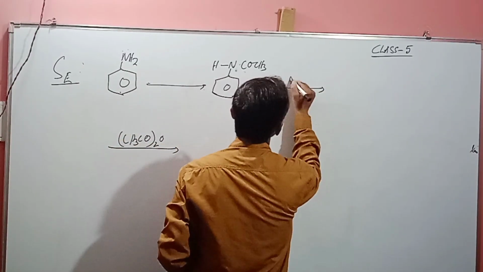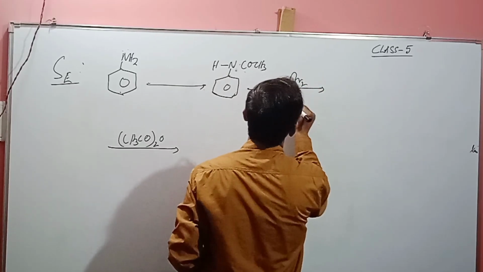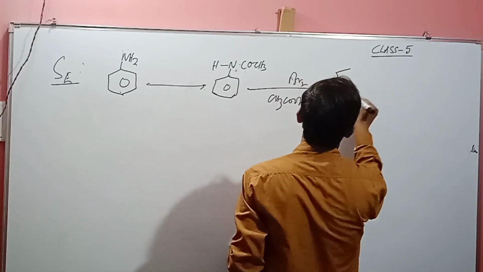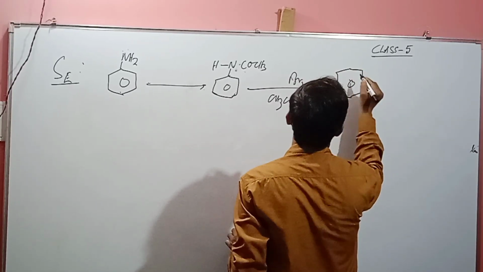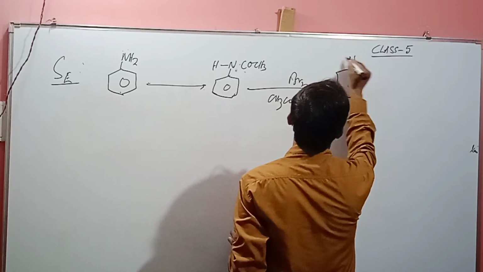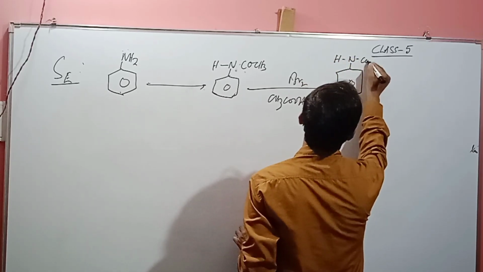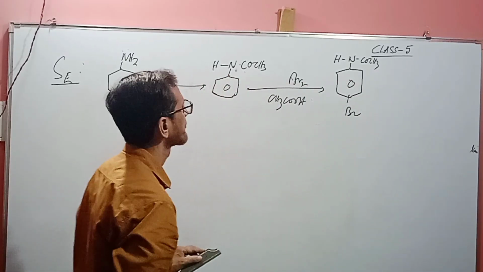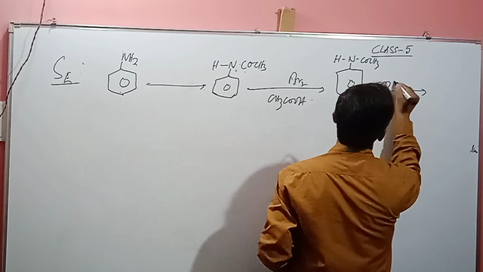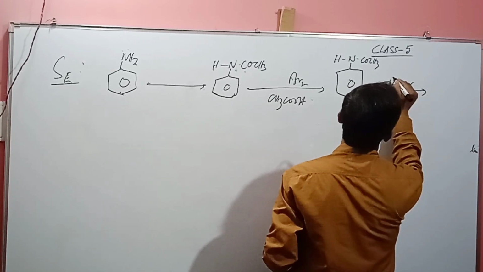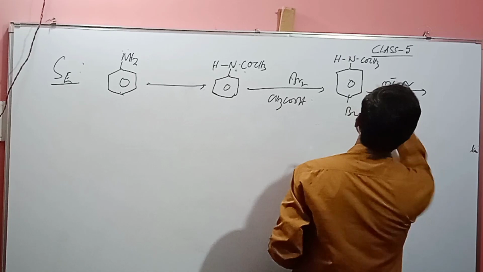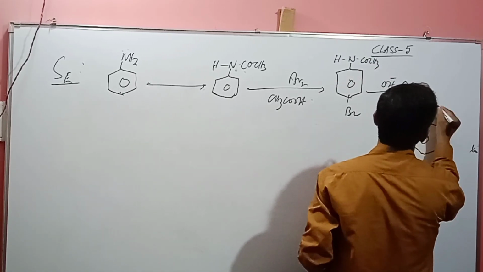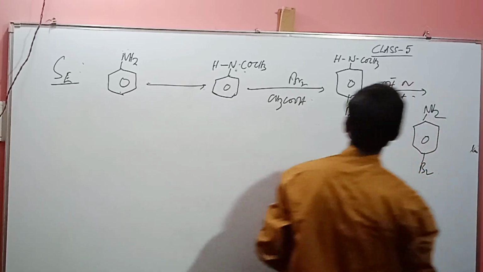And now if you use bromine in acid, you will get bromine in this position, and in the final step this group becomes this, you will get this one.